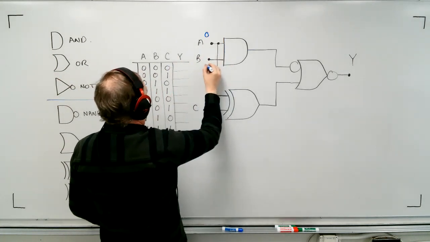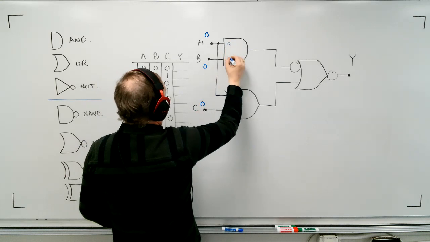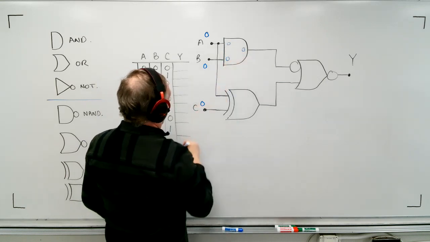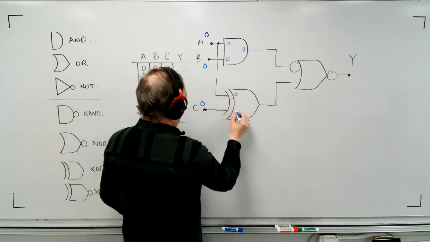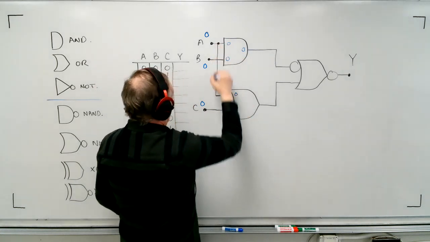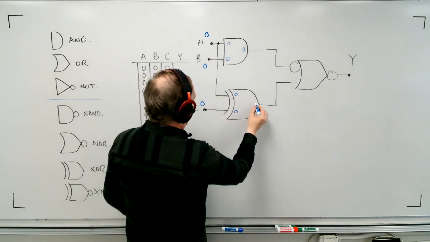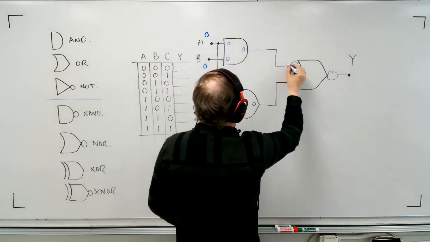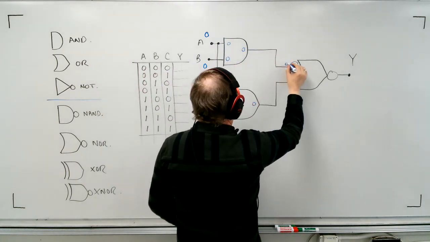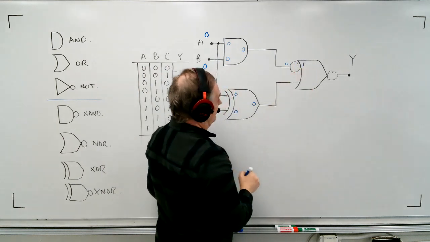0, 0, and 0. That means 0, 0 here, which gives me a 0. Look at them one gate at a time, okay? 0, because A is 0 and C is 0. So 0, 0 there gives me a 0 here. This comes in, and this is now 0 coming in, but 1 inside of that OR.